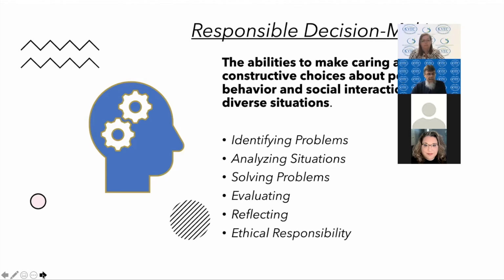Responsible decision-making requires the knowledge, skills, and attitudes needed to make constructive choices about personal behavior and social interactions across diverse settings. Look like demonstrating curiosity and open-mindedness, learning how to make a reasoned judgment after analyzing information, data, and facts, recognizing critical thinking skills, evaluating personal, interpersonal, community, and institutional impacts, to name a few.